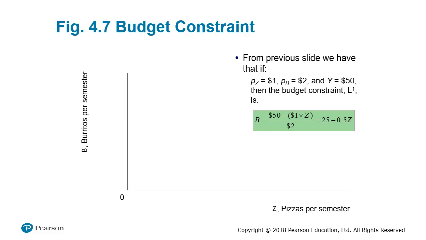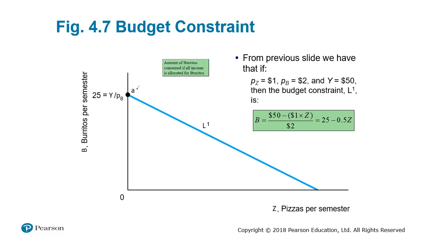We're going to plot Lisa's budget constraint on figure 4.7. So from the previous slide and those figures we assumed, we already have our budget line equation in the green block. With burritos on the vertical and pizzas on the horizontal axis, we can then plot that budget line. Looking at the intercepts, on the burrito axis, we have bundle A. Remember that was where she only consumed burritos and no pizzas.